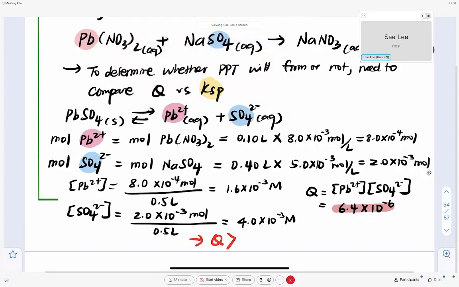Q is larger than KSP. So will a precipitate form? According to the previous slide, when Q is larger than KSP, the precipitate forms, right? So lead sulfate will precipitate.